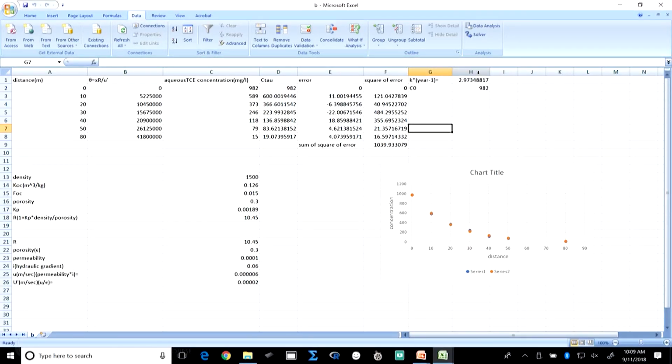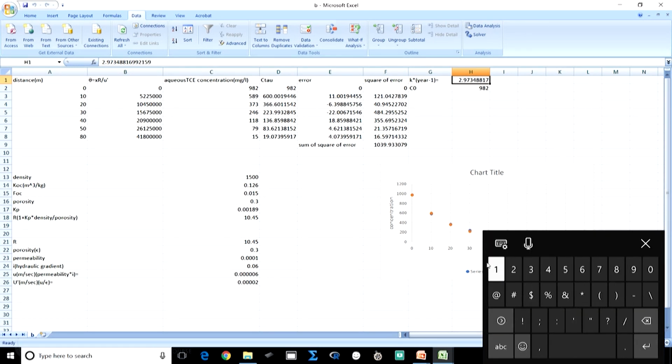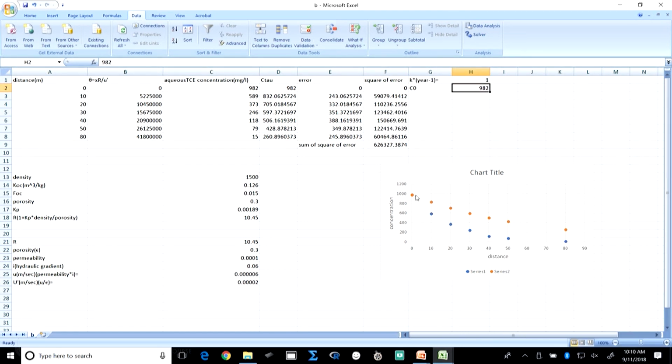Let me just try out something here with one value that is less than it, and let us hit enter, and now you see that the concentrations are again different from that of the observed values. Earlier we looked at the case of 10 and I just plugged in the case of 1, and again you see that it is moving away from the observed data.